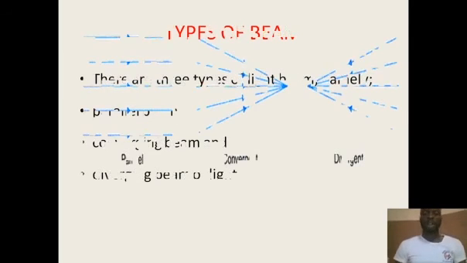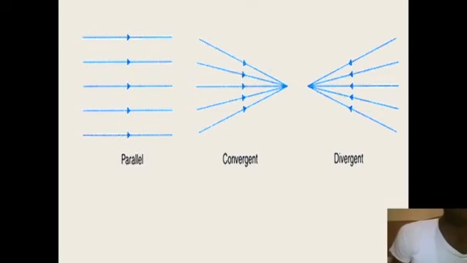Okay, look at this picture. Let me use this picture to explain these types. You can see the parallel, the convergent, and the divergent. From the parallel, there are 5 different rays of light traveling as a beam of light, but all of them are moving in a straight line, so they cannot meet each other.